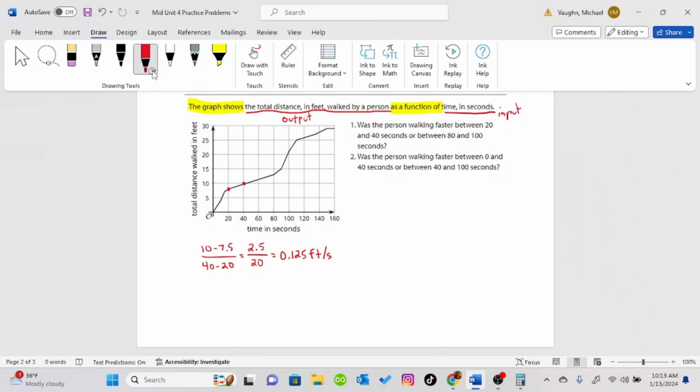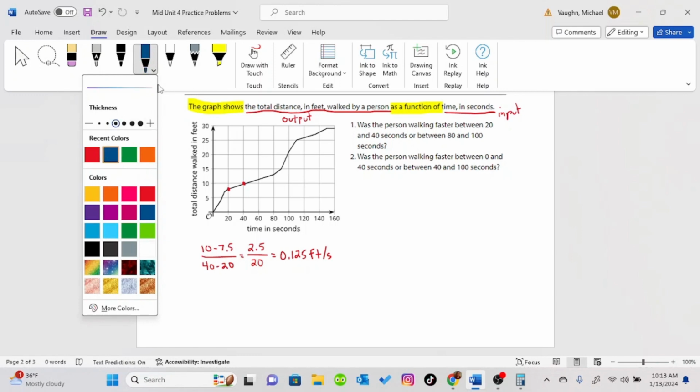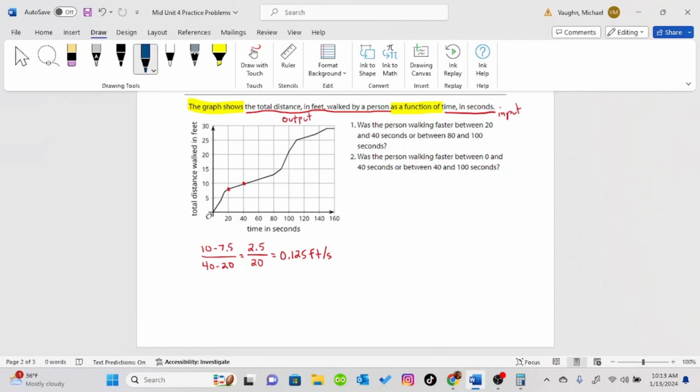Now, between 80 and 100 seconds, we appear to have gone from maybe 13 feet up to 21 feet.